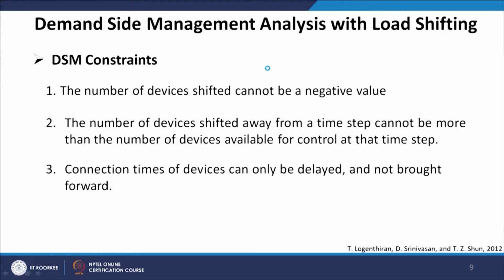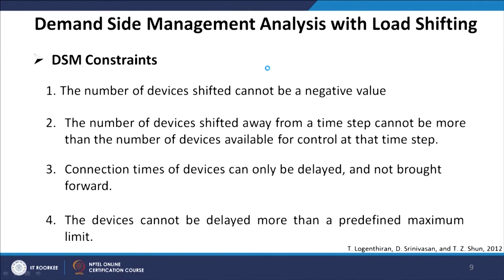Connection time of devices can only be delayed and cannot be brought forward. It means I can suggest my washing machine to operate after 2 hours, but I cannot bring it back 4 hours earlier, that is not possible. And the device cannot be delayed more than a predefined maximum limit.